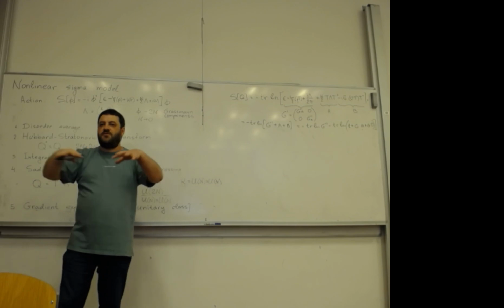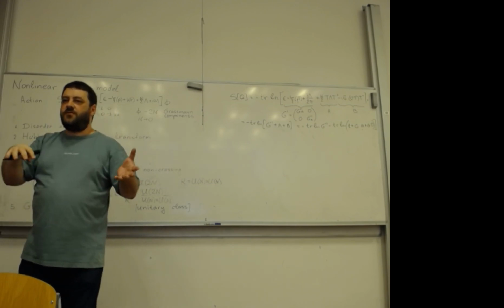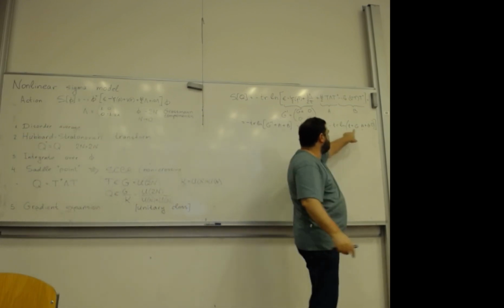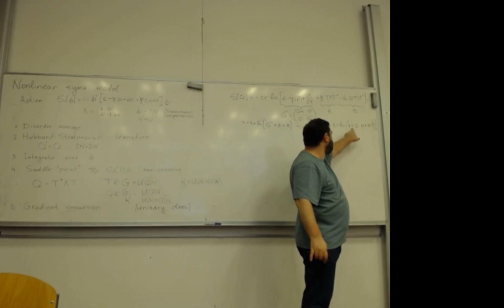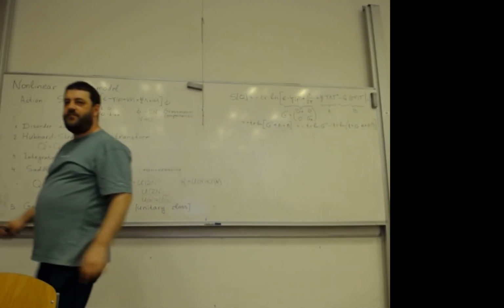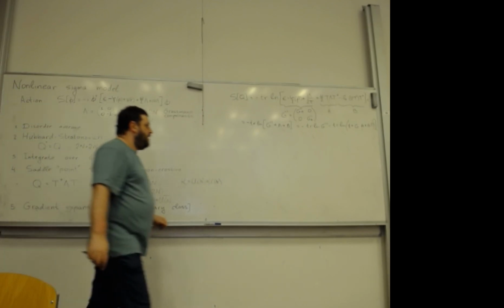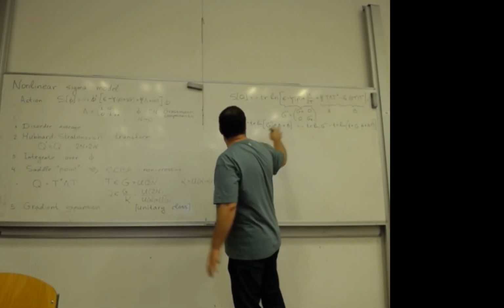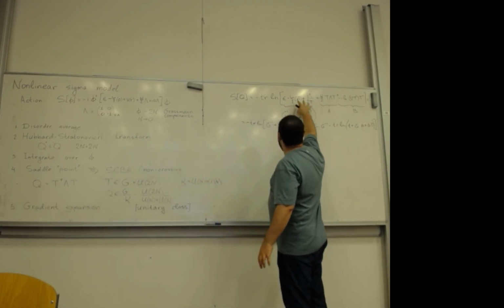When you have a sum of two logarithms, it's the same as the logarithm of the product. So if you multiply G inverse times here, you have G plus A plus B. And now this first term here, trace of log of G inverse, this G inverse is just a constant.